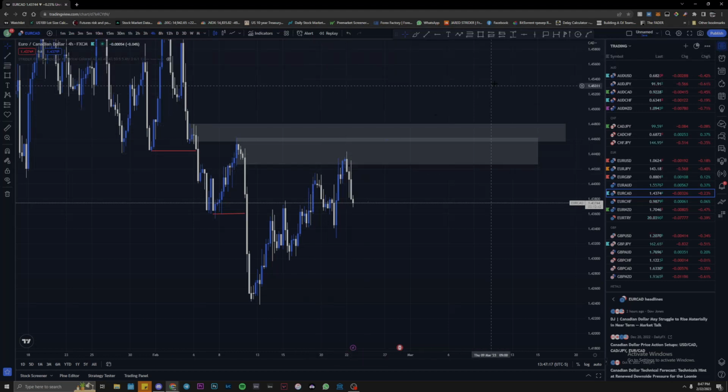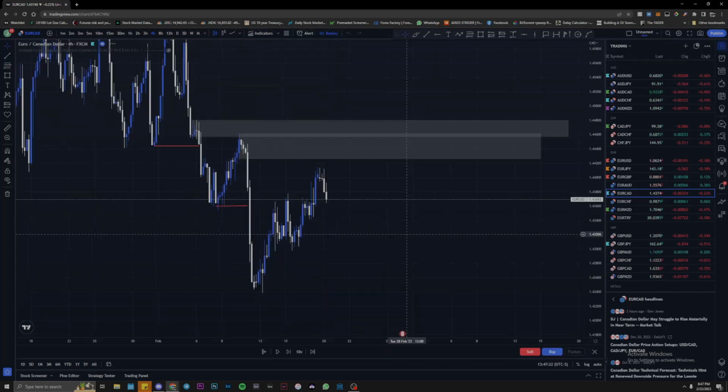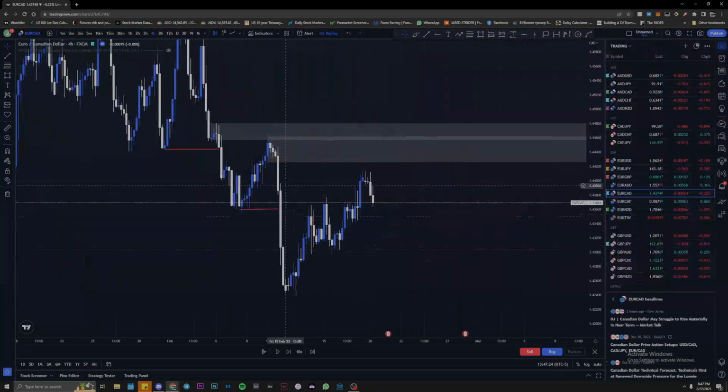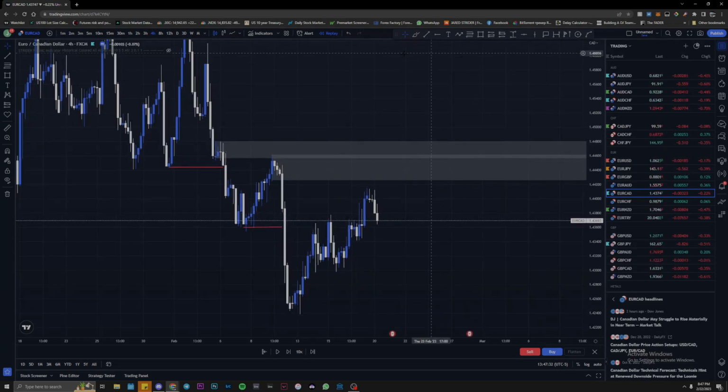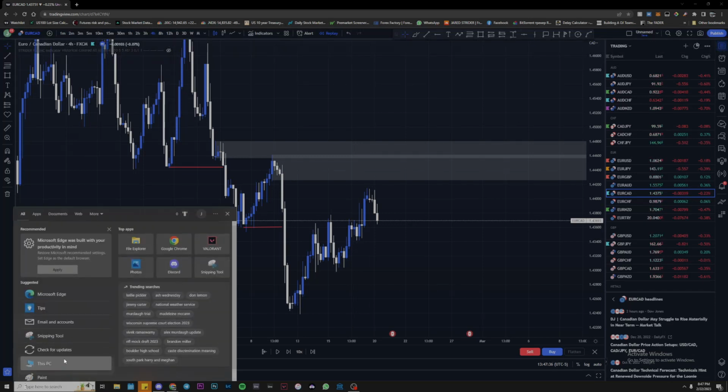So now let's just say price was, where's my replay tool? Price was here, and we know we've got an unmitigated order block here. This order block caused the break of structure. So we want to see price come into here. We then take 4 hours. Here's my calculator.